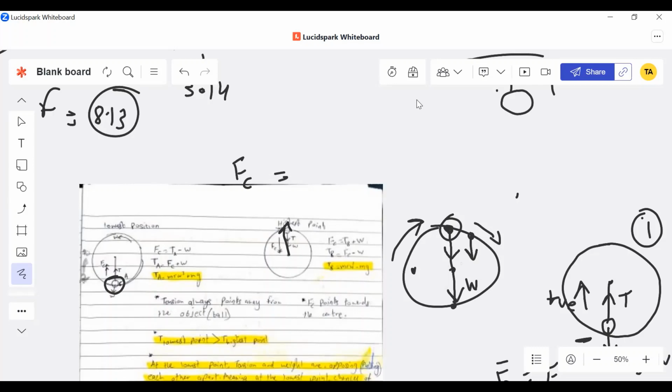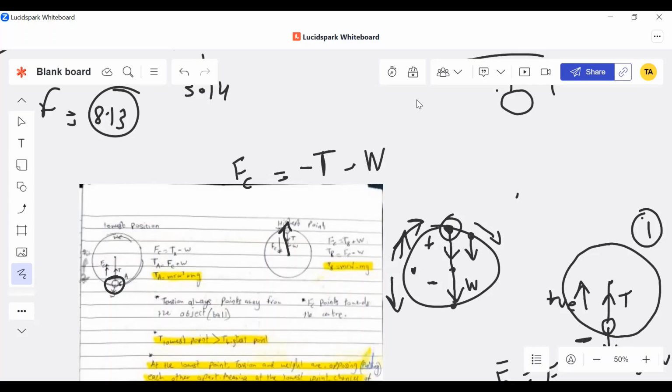Now tension is downwards, and weight is also downward. Let's say I take upwards as positive and downwards as negative. In this case, my tension is going downward, so tension would be negative T. Weight is also downward, so weight is negative W as well.